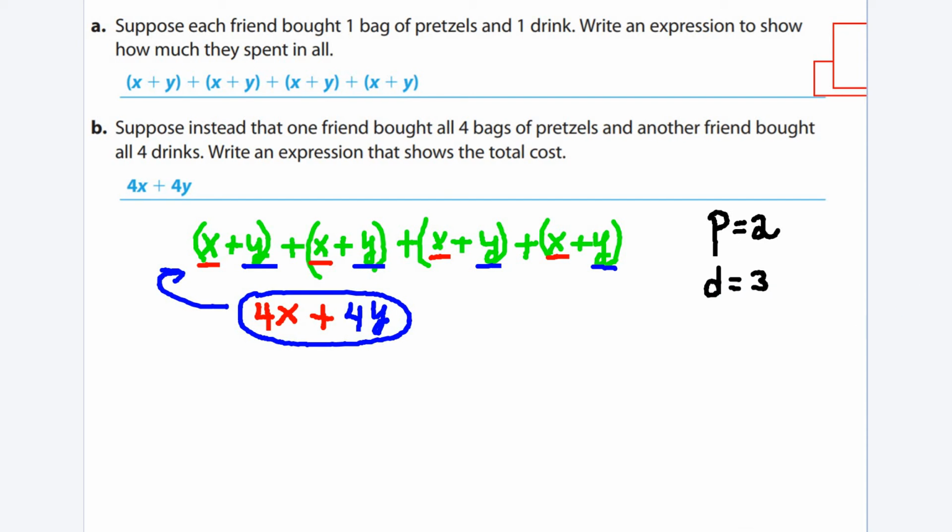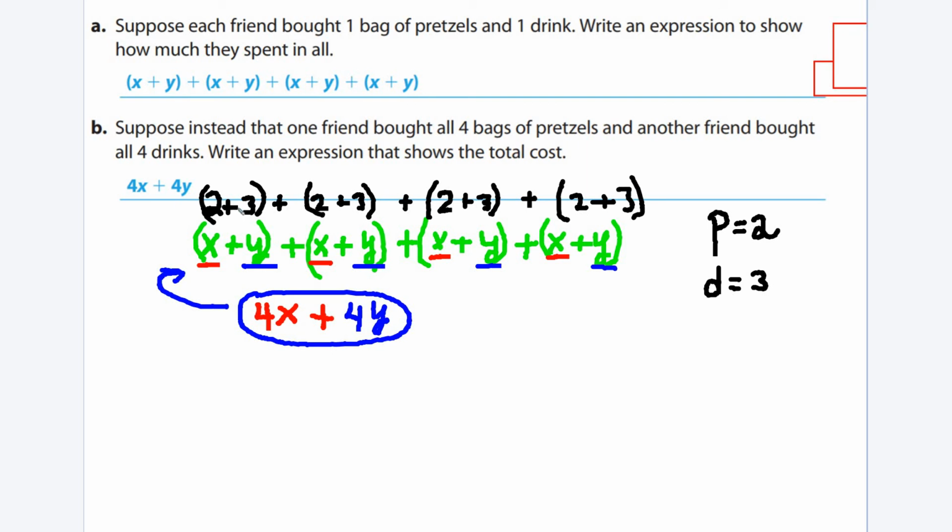If you look at it carefully, each person, it's $2 plus $3, plus $2 plus $3, plus $2 plus $3, and again plus $2 plus $3.